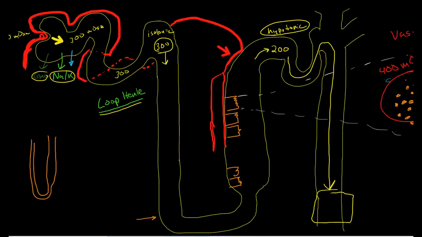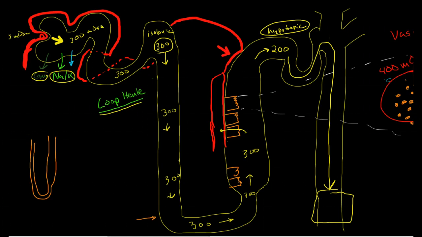So what we have here is urine. It's not urine yet, but it's still filtrate. So filtrate is moving down here. For the sake of argument, we're going to start out with all the urine in the loop of Henle at 300 microosms. So the osmolarity is 300. However, when it starts passing these cells, what's going to happen? Well, sodium is going to get pumped through these cells and into the vasa recta, right?